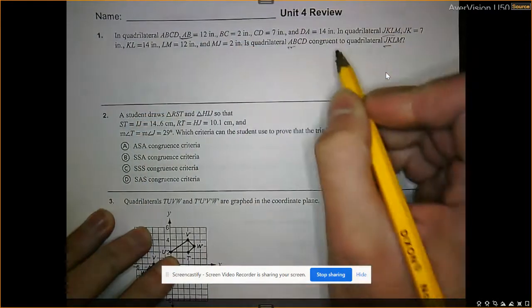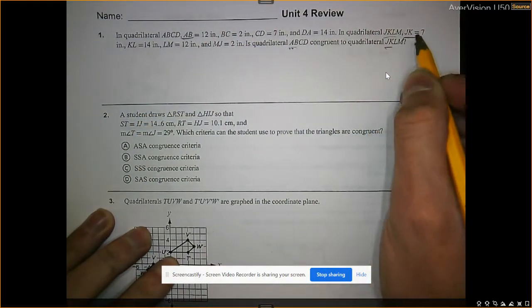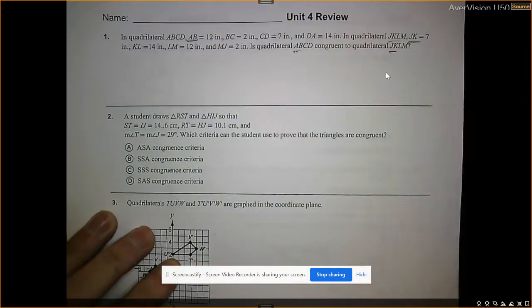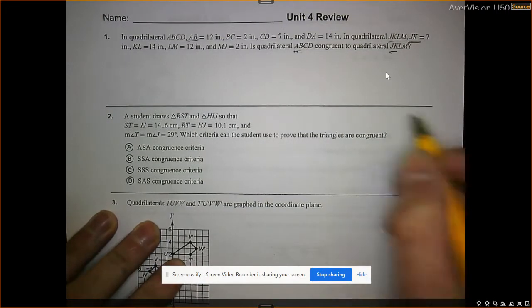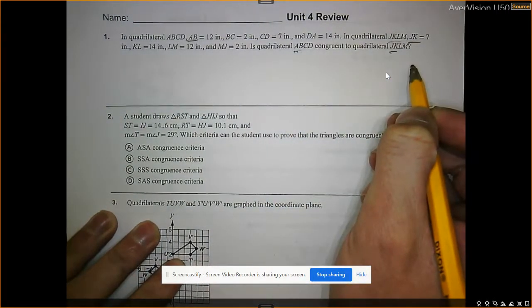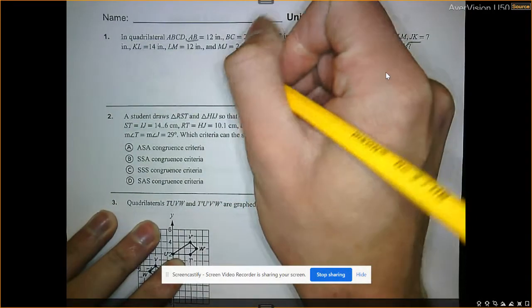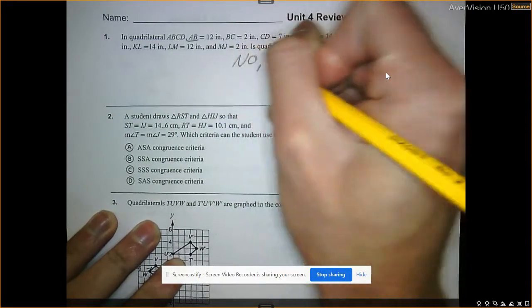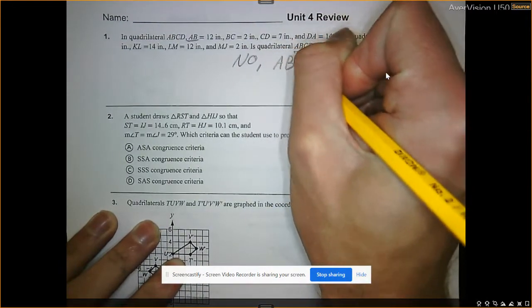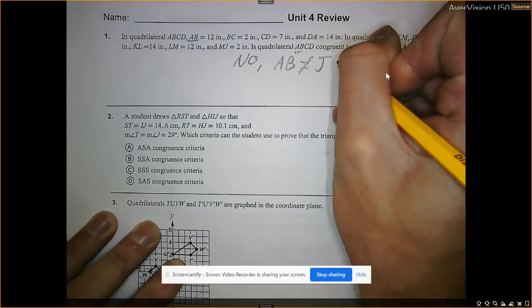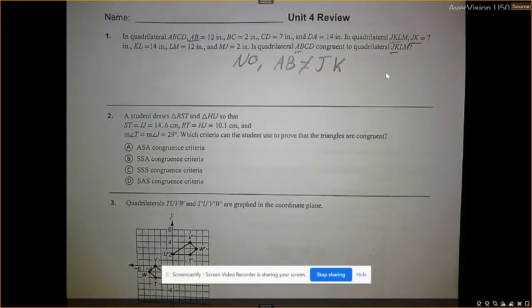Is AB congruent to JK? No, it's not. AB is 12, JK is 7. So at least the way they listed it, saying ABCD congruent to JKLM, no, they are not. And my explanation for that is exactly what I said: AB does not equal JK.